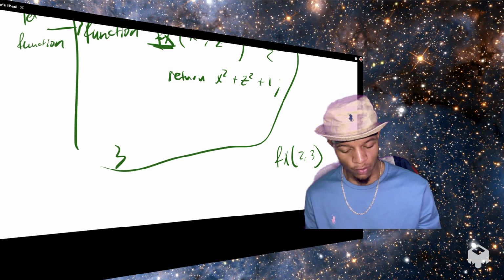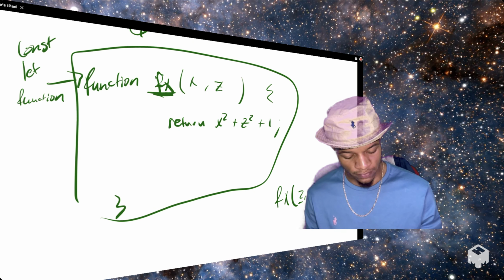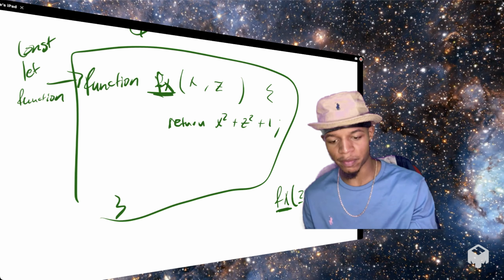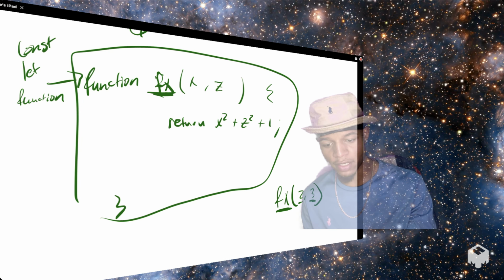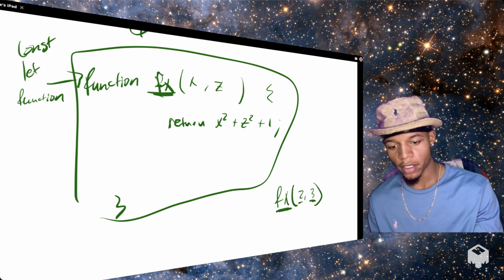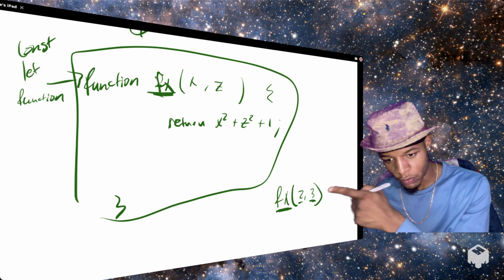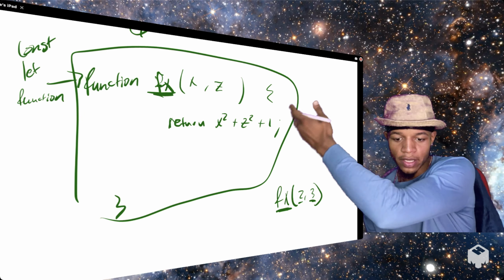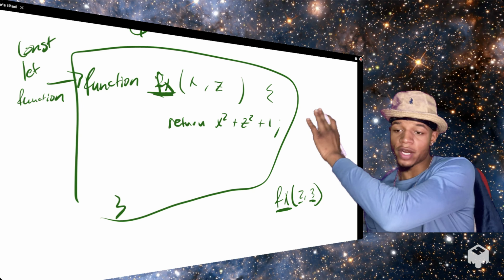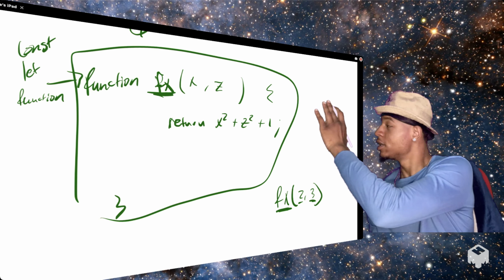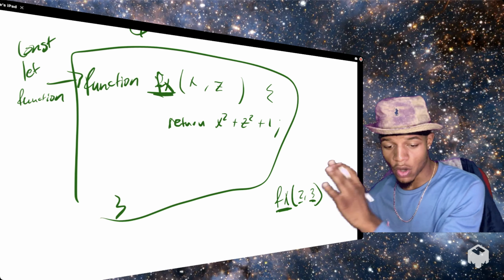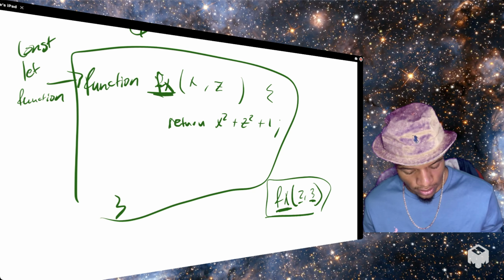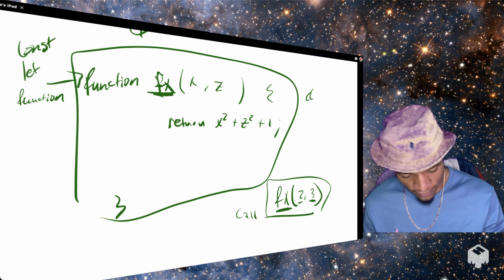So we have function fx, and if we ever pass in, let's say, 2 and 3 into fx, what happens is this value 2 and this value 3 get used. So we're going to call f of x. This is calling the function that I just defined right here. This is the call, and this is the definition.